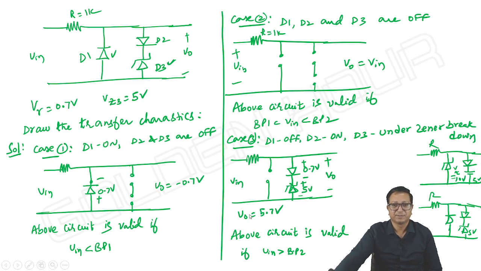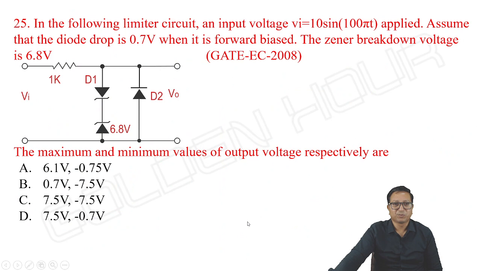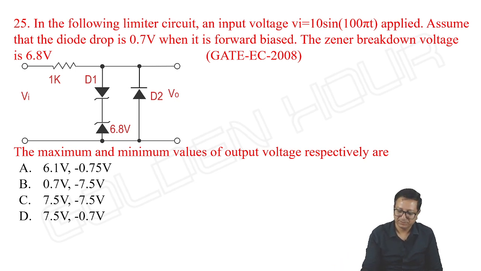Next, see this problem. In the following voltage limiter circuit, an input voltage Vi equal to 10 sin 100 pi t is applied. Assume that the diode drop is 0.7 volts when it is forward biased.